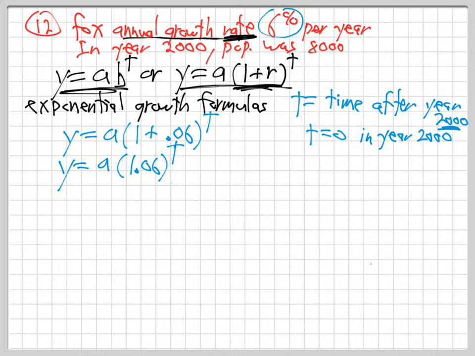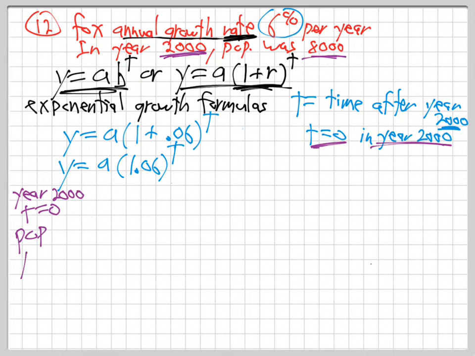So now I'm going to plug in the information. They're saying in the year 2000, population was 8,000. In the year 2000, which means time is 0, the population y is 8,000.